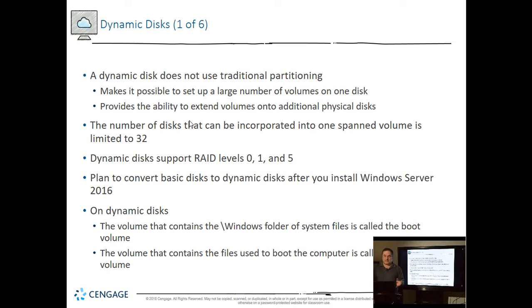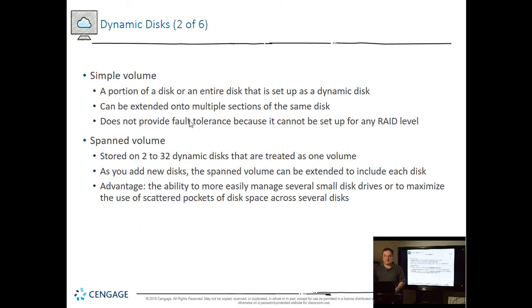On dynamic disks, the volume that contains the Windows folder of the system files is called the boot volume, and the volume that contains the files used to boot the computer is called the system volume. So the terminology changes just a little bit when you go to dynamic disks. A simple volume is a portion of a disk or an entire disk that is set up as a dynamic disk. Simple volume is what you create by default.